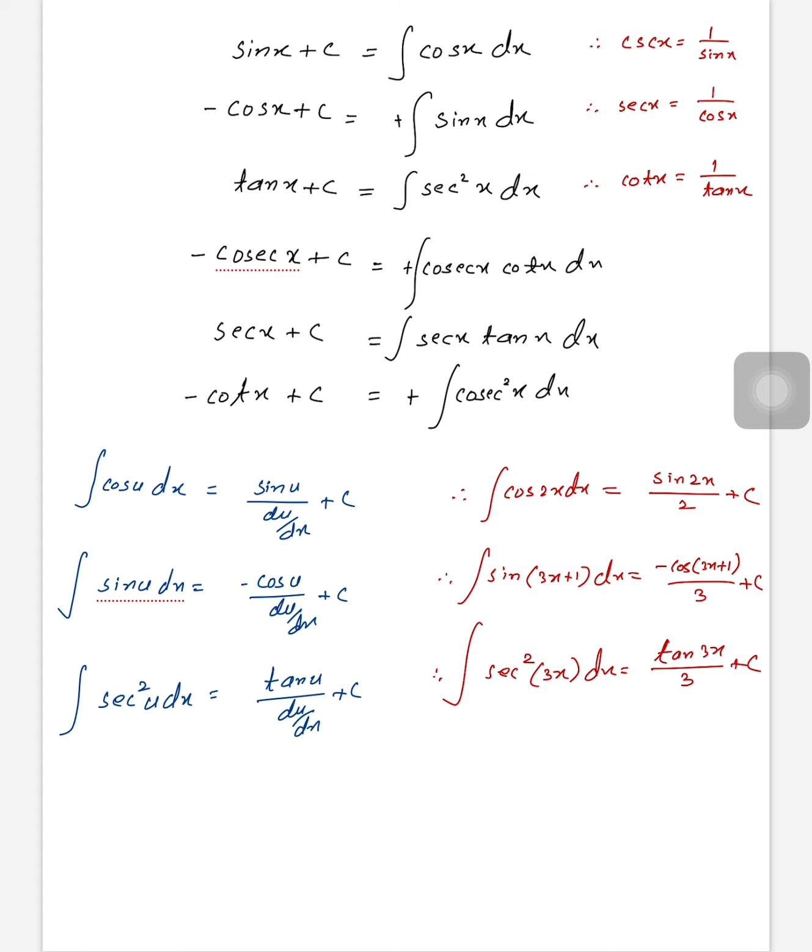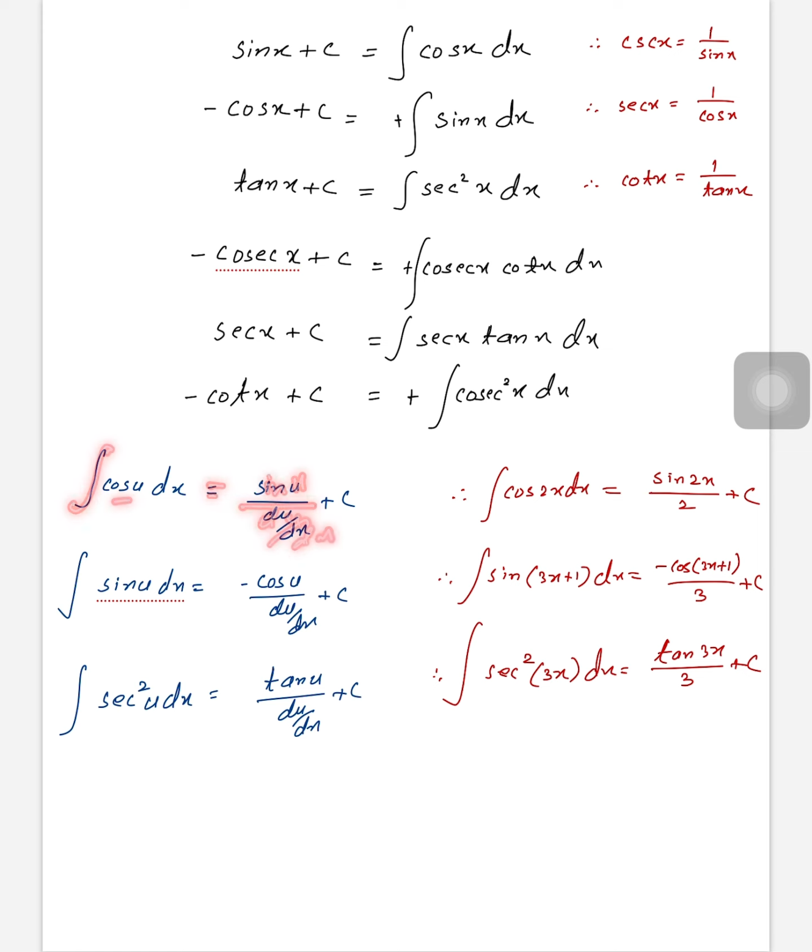We did the integration of cos u will be sin u, and in the derivative case we are multiplying by the derivative of u. So, what is the inverse process of multiplication? We will divide by this derivative. So, the integration of cos u is sin u divided by the derivative of u.